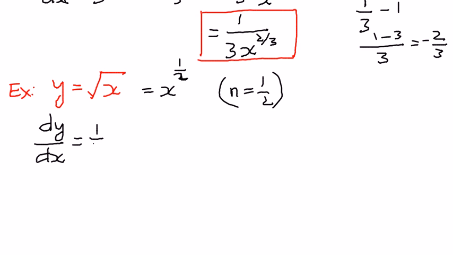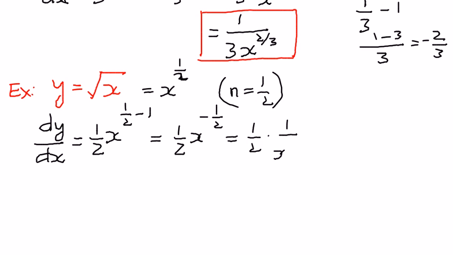N here is 1/2, x to the power of n, which is 1/2 minus 1. So we can simplify this one as 1/2 x to the power of half minus 1, which is equal to minus 1/2. So therefore we can express this negative exponent as a positive exponent by bringing it to the denominator as 1 over x to the power of positive half.